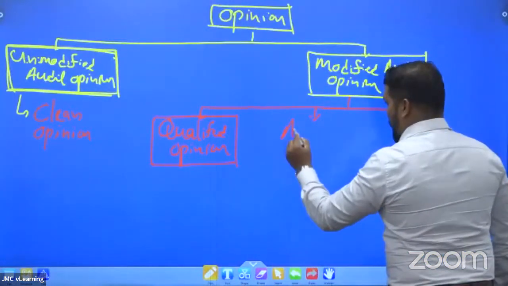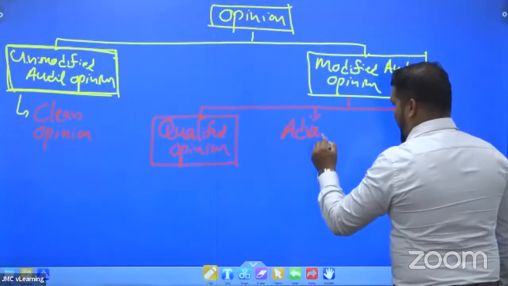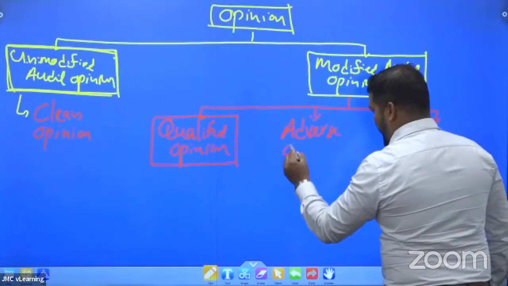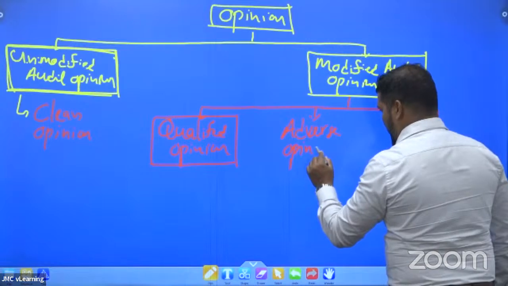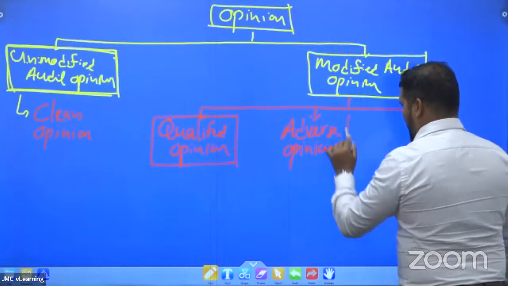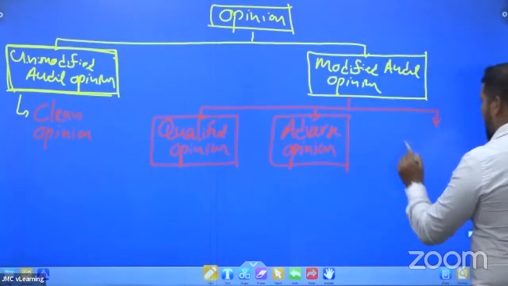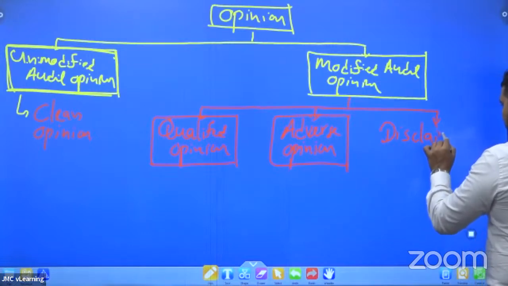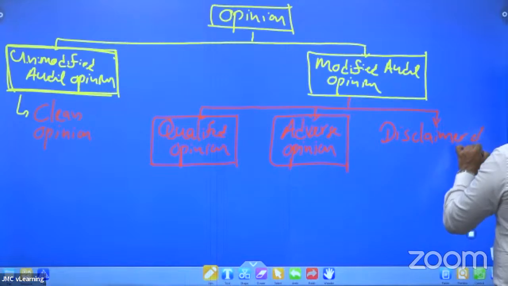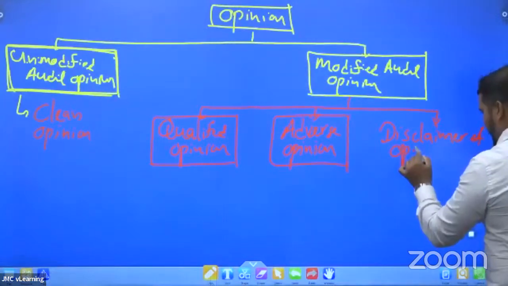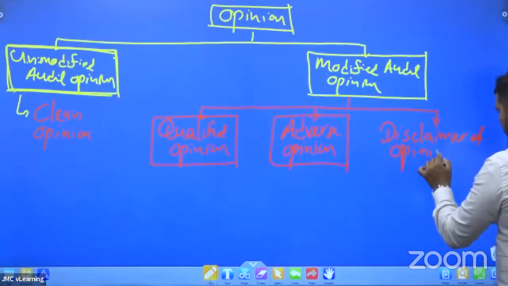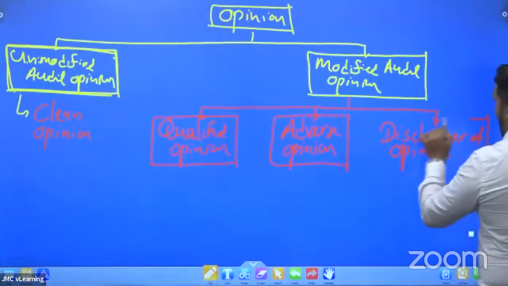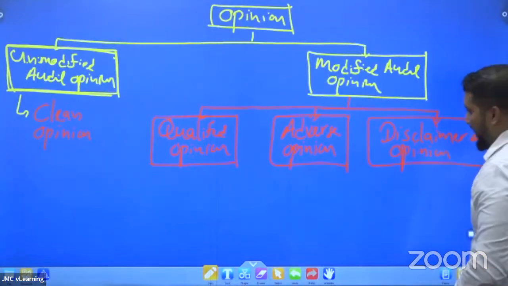Number two, adverse opinion. Number three, disclaimer of opinion. So these are the three modifications.